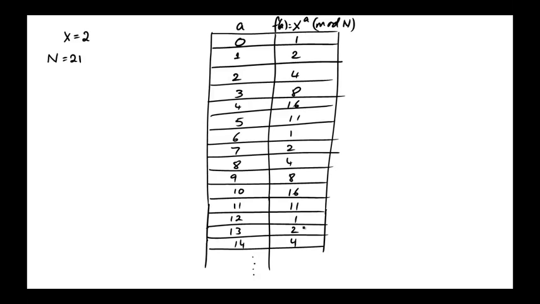What are we trying to find? We are trying to find the order. What's the order? Well, it's the period of this periodic function. So here's a function that we can compute efficiently, and what we should do is period finding. What do we do in period finding?